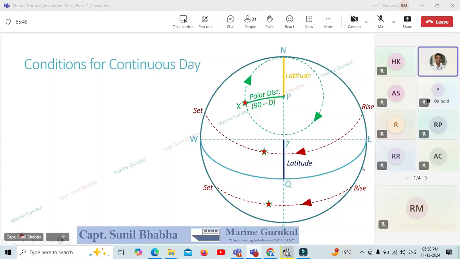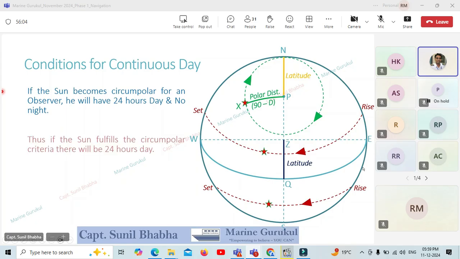This will result into what we call a continuous day or a 24-hour day. In some of the questions, this concept of continuous day or a 24-hour day is used. So in these type of questions, we should be aware that if the sun becomes circumpolar for an observer, he will have 24 hours daytime and no night.